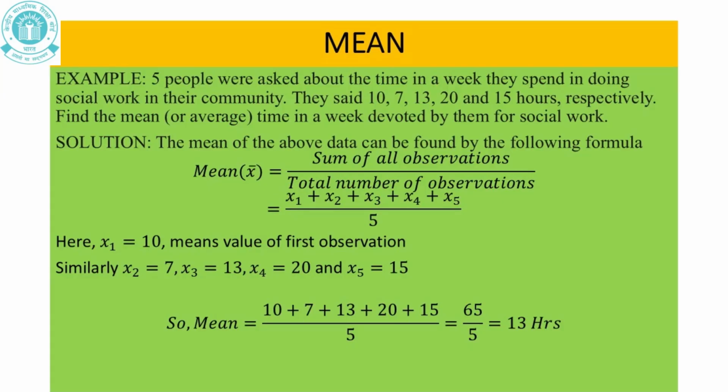Similarly, x2 equals 7, x3 equals 13, x4 equals 20, and x5 equals 15. So, mean equals 10 plus 7 plus 13 plus 20 plus 15 divided by 5, which gives 65 upon 5 equals 13 hours.